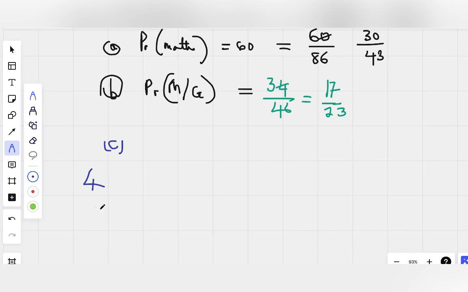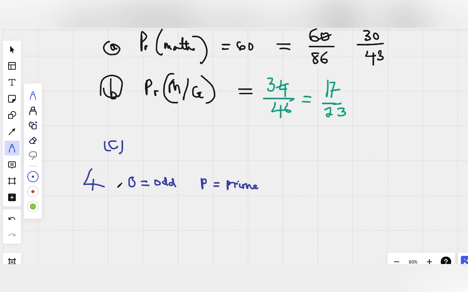Prime numbers are numbers that can only be divided by itself and 1. We know odd numbers, like 1, 3, 5, 7, and 9. Even numbers are 2, 4, 6, 8, like that.